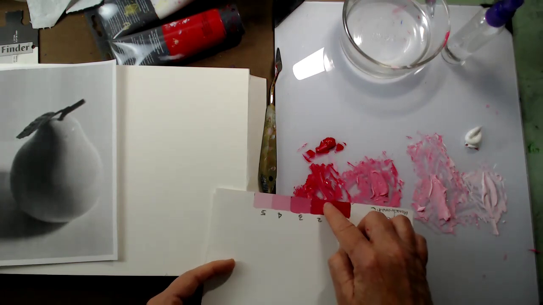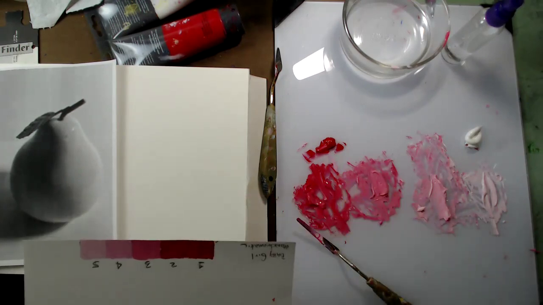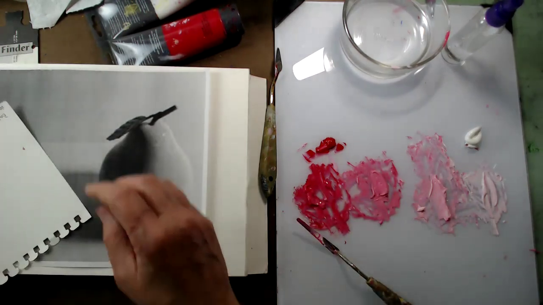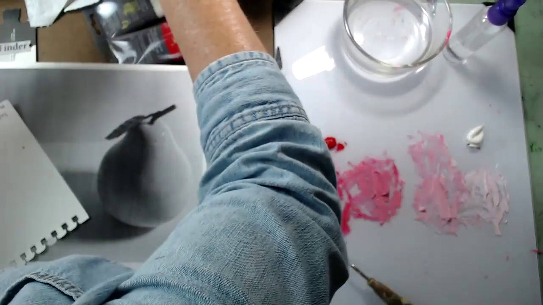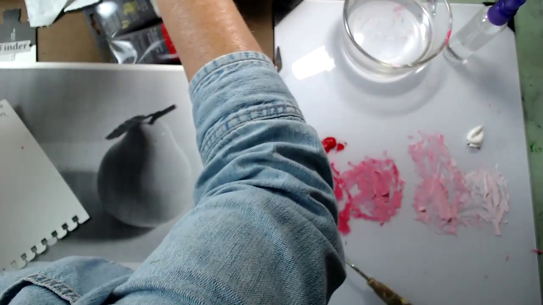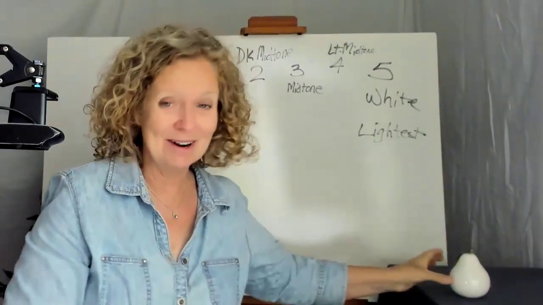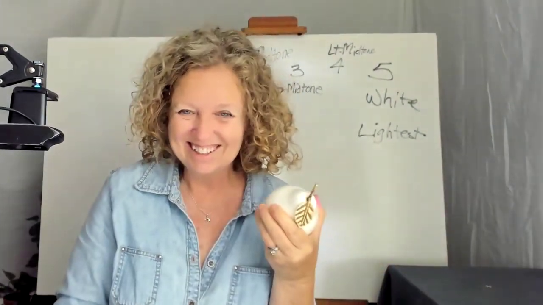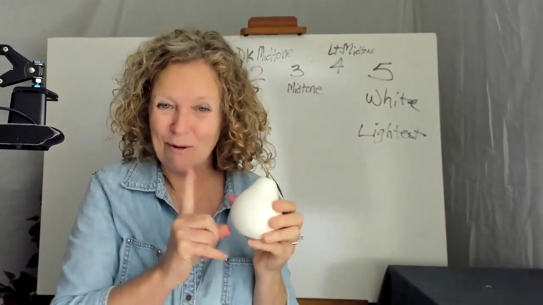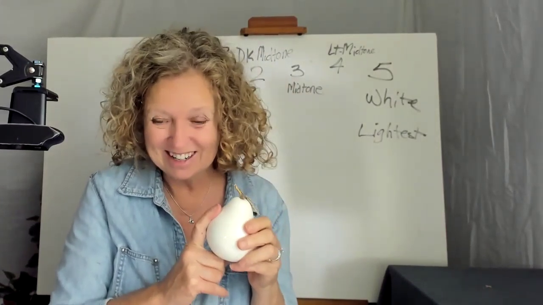There's a little difference, and I'm just going to say something real quick here. Now, I don't want to confuse you, so I'm saying it very quickly. This is a white pear. So the shadows on a white pear can't be very dark.